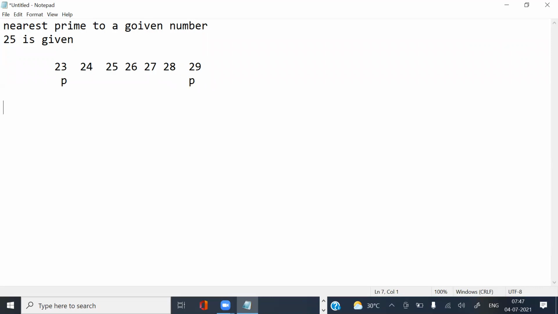So how far is 23? 23 is 2 units on the left hand side. 29 is 1, 2, 3, 4 units on the right hand side.